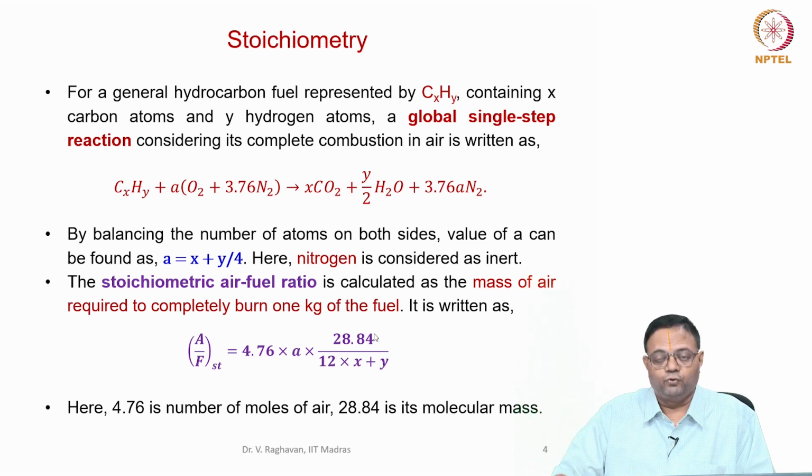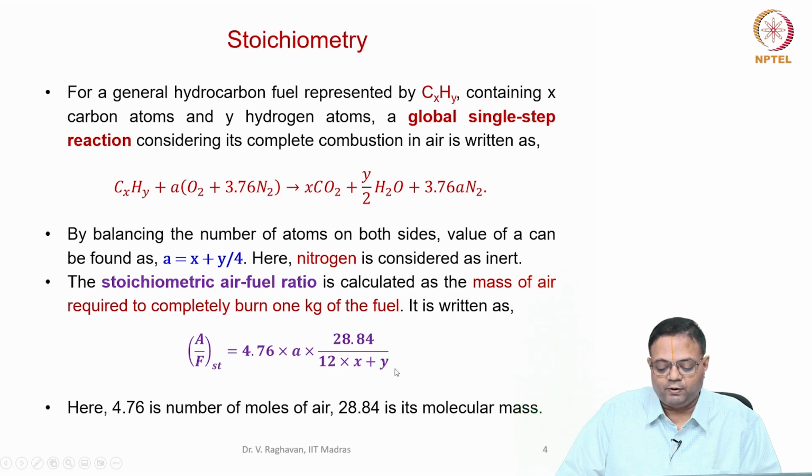1 kg of fuel. This is 1 kilomole; 1 kilomole into the molecular weight in kilogram per kilomole will give the mass of the fuel. That is 12 times X plus 1 times Y. The 12 is for carbon, X is the number of carbon atoms, plus 1 into Y, where Y is the number of hydrogen atoms.